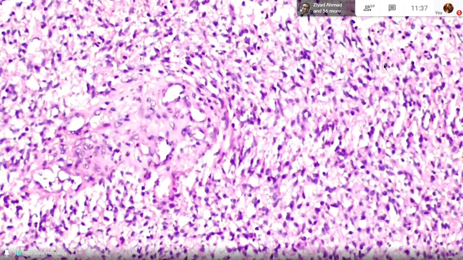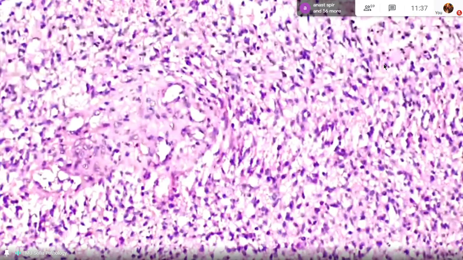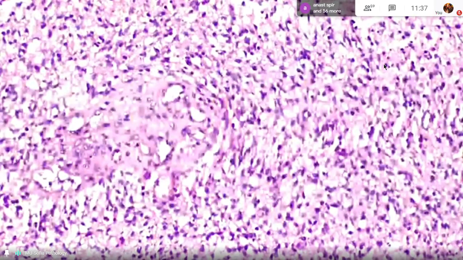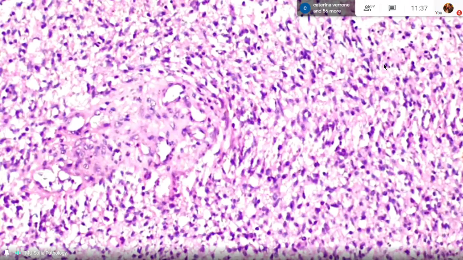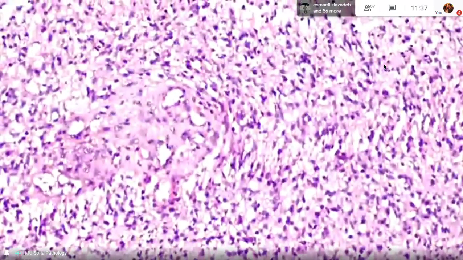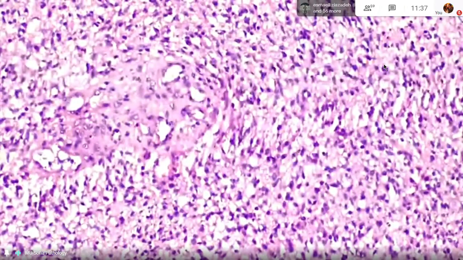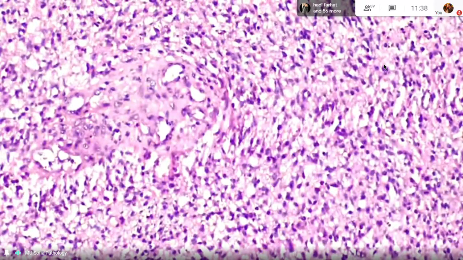So your approach is you diagnose that this is a malignant tumor, but you don't know the origin. This can be one of the ways. And you look for the necrosis, which is sharply outlined or serpentine-like, the palisading of the nuclei, and the vascular proliferation, and you'll have the right diagnosis of glioblastoma multiforme.